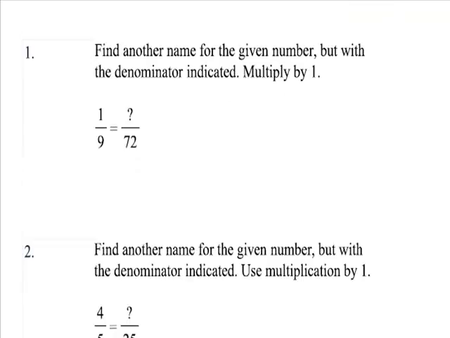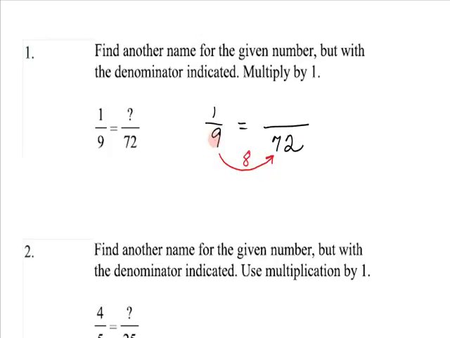Number 1, find another name for the given number, but with the denominator indicated. And it says multiply by 1. So let me show you what I'm going to do. I have 1/9 is equal to something over 72. What was 9 multiplied by to get 72? 9 times what gives me 72? And the answer is 8.